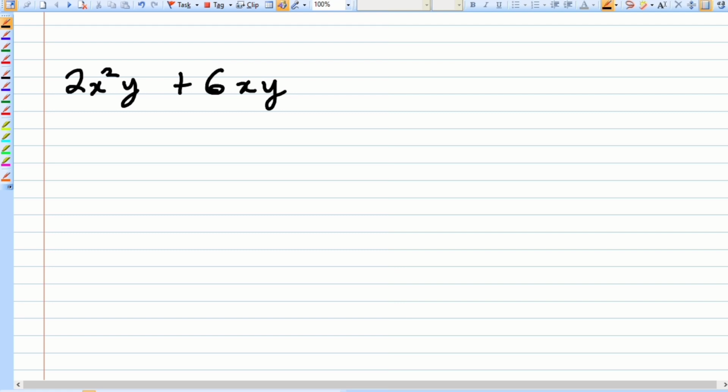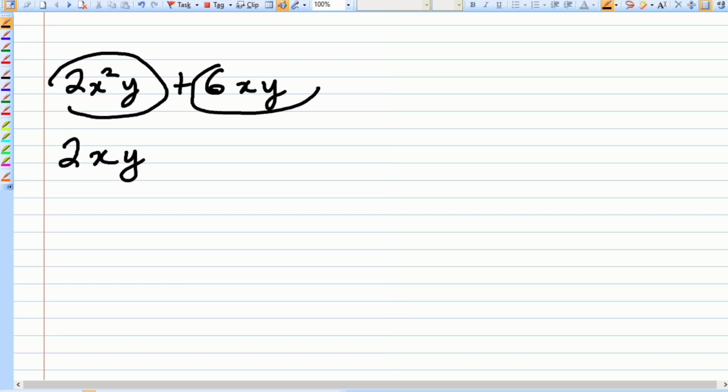So you see we have x. When we consider this, we have x and we also have x here. Now when we have x and x here, we're going to select the one with the lowest power. So we have x, we collect x. y is here, y is also here, so we collect y. Now 2 and 6, what's the common factor between 2 and 6? It is definitely 2, so we have 2xy.